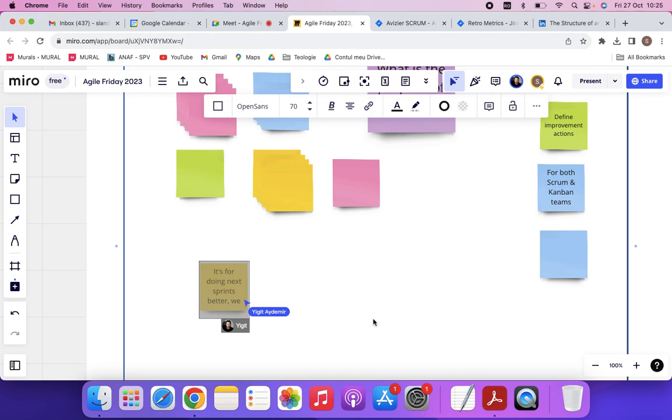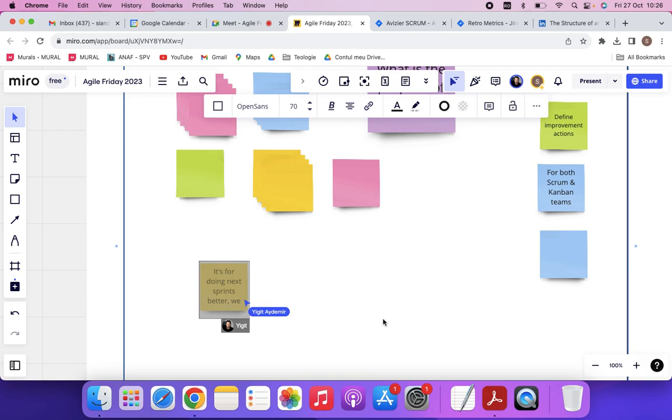We have three columns: liked, learned, and disliked. We are using it, and we are taking some tasks according to them.